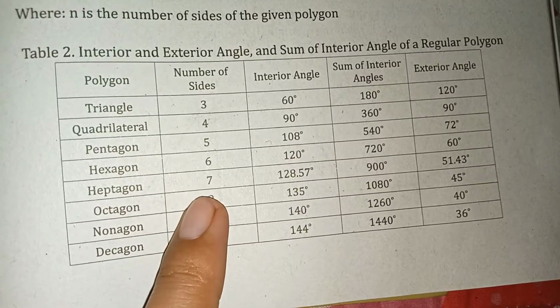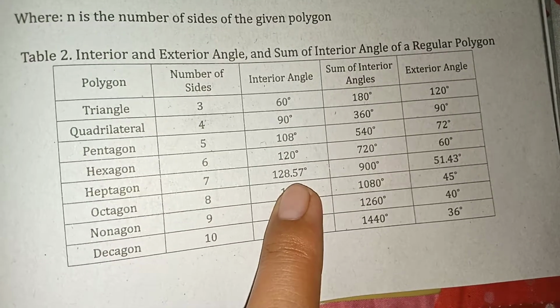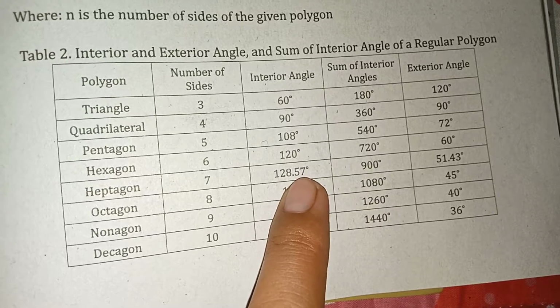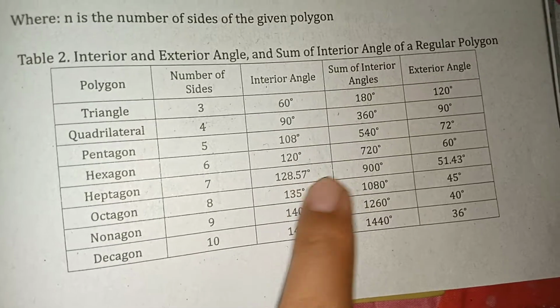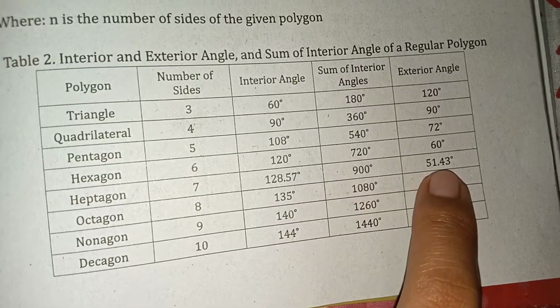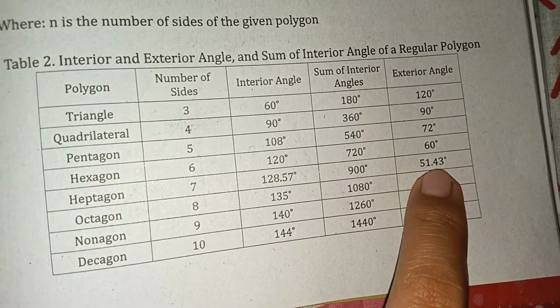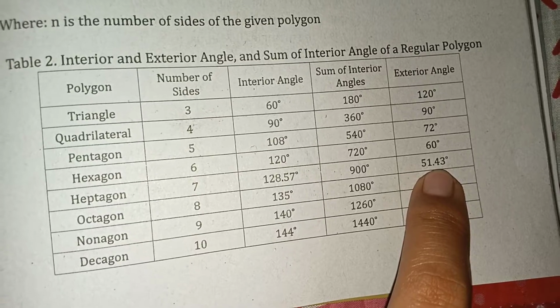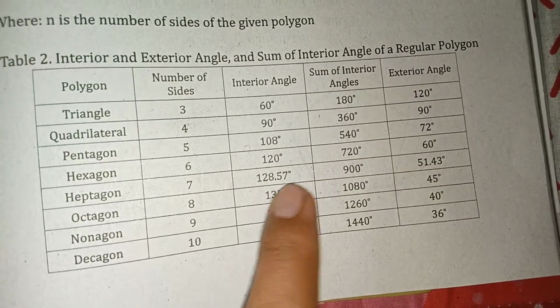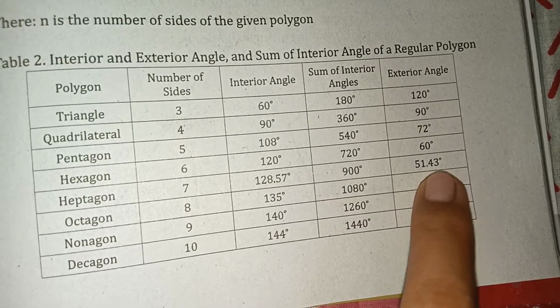For the heptagon, a 7-sided polygon, the interior angle is 128.57 degrees. Times 7, that's 900 degrees. The supplement of its interior angle is 51.43 degrees.